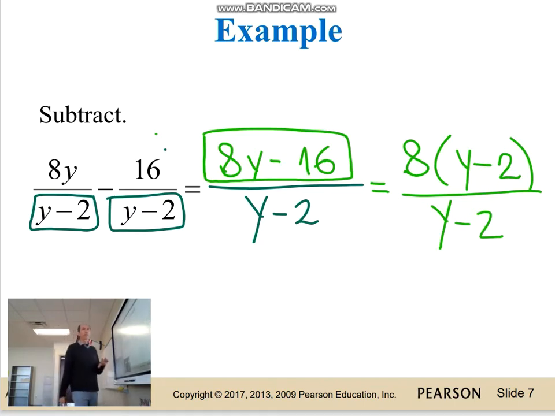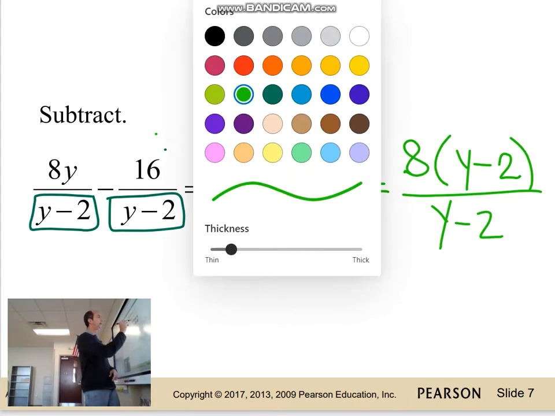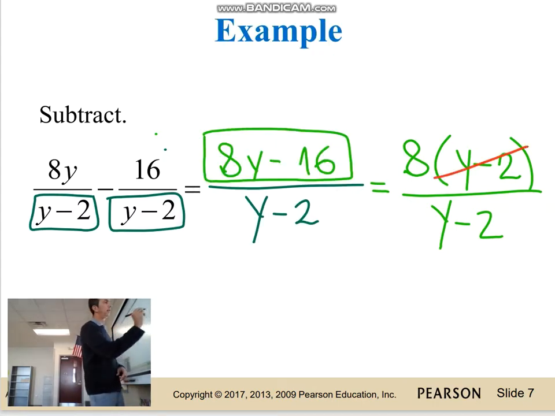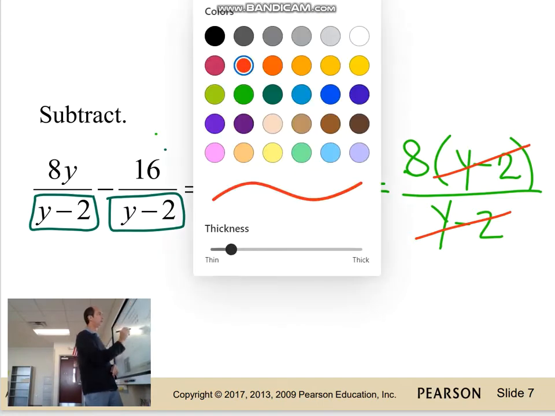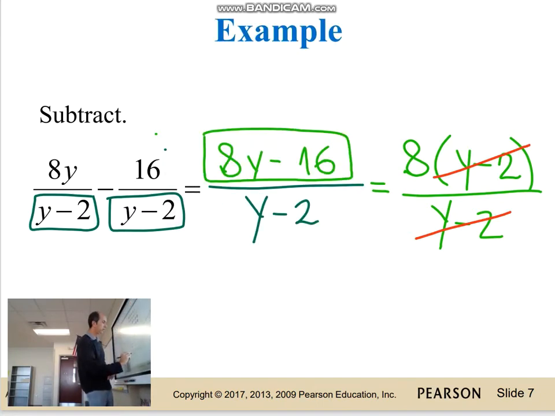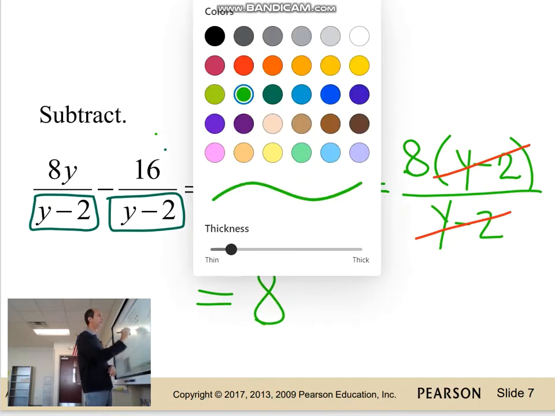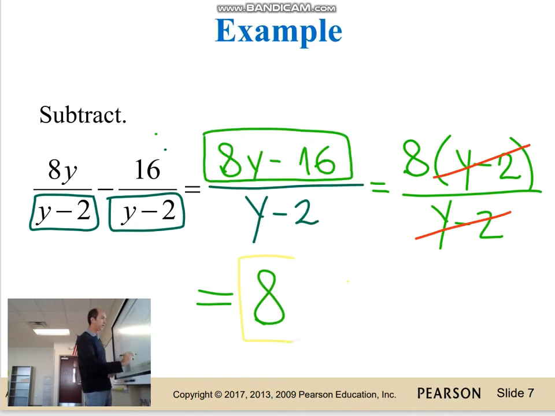Because the final answer needs to be the simplest rational expression possible. As you can see, we can simplify, we can cancel common factors, y minus 2 in the numerator and y minus 2 in the denominator. And the final answer is 8. The result of the subtraction is equal to 8.